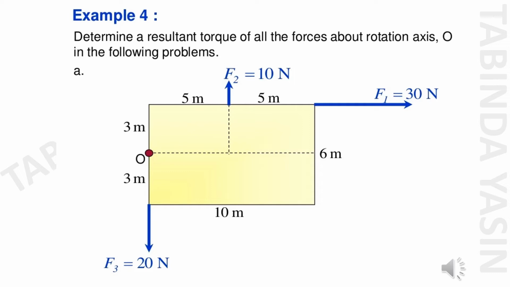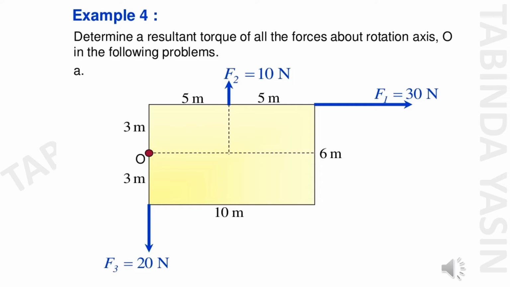We have a center point O at which the force F3 is being applied, with a value of 20 Newton. Above and below that block, from the center, the half distance is 3 meter above and 3 meter below.